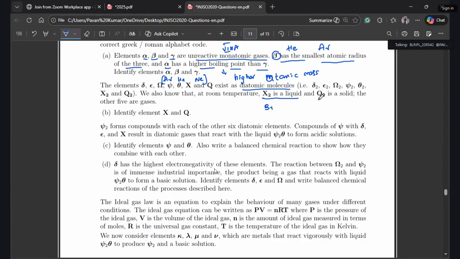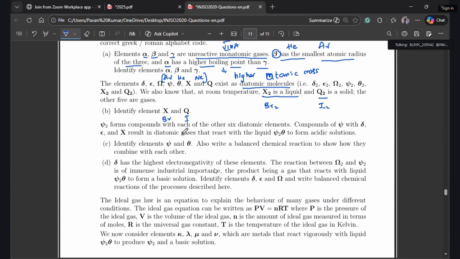That means confirm this is Br2. And Q2 is solid, that means surely that is I2. Identify the elements X and Q: bromine and iodine. You shouldn't write Br2, you should write Br and I. Don't write Br2 and I2, because they're asking about the elements.